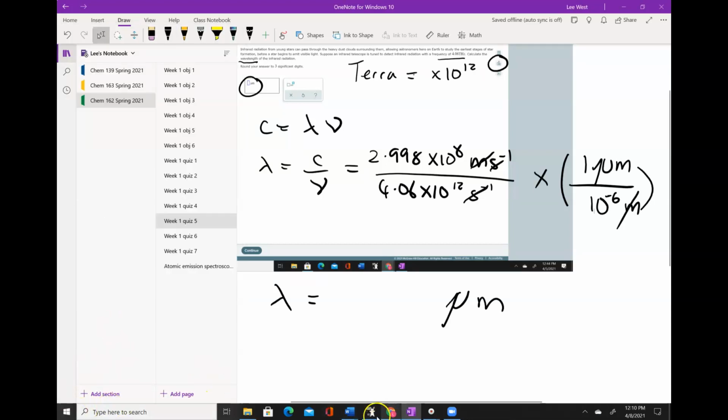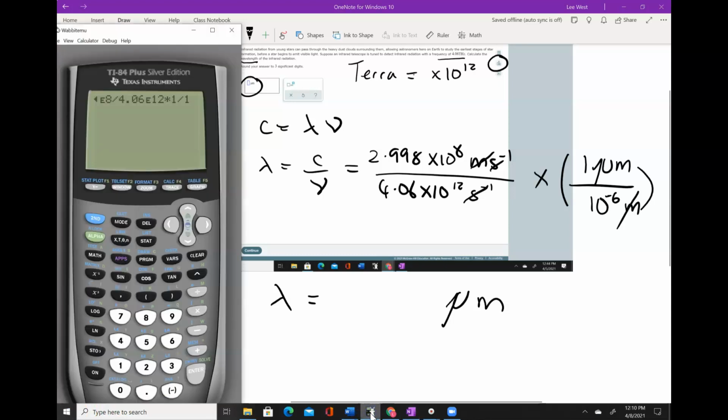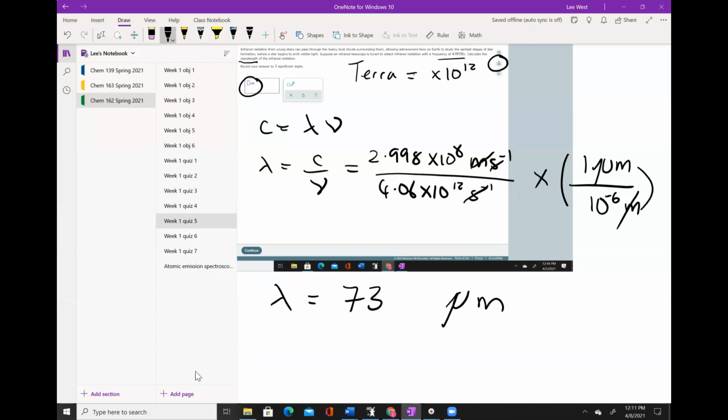There we go. Please don't pick that up. That would have been megameters that I was turning this into. Minus 6. 1 micrometer is 10 to the minus 6 meters. There we go. Really close. 73.8 micrometers. Good catch there, figuring that out.